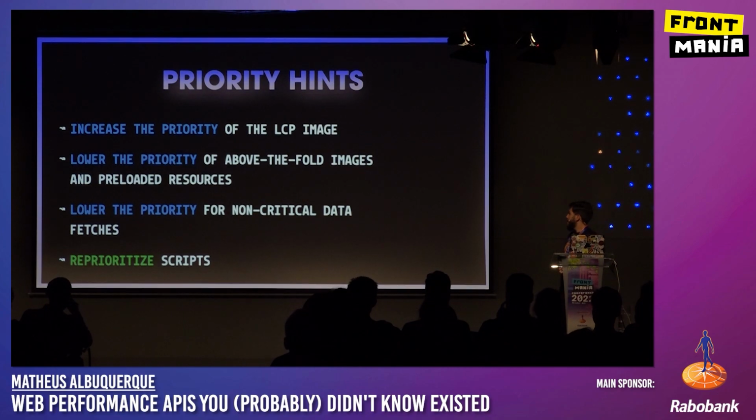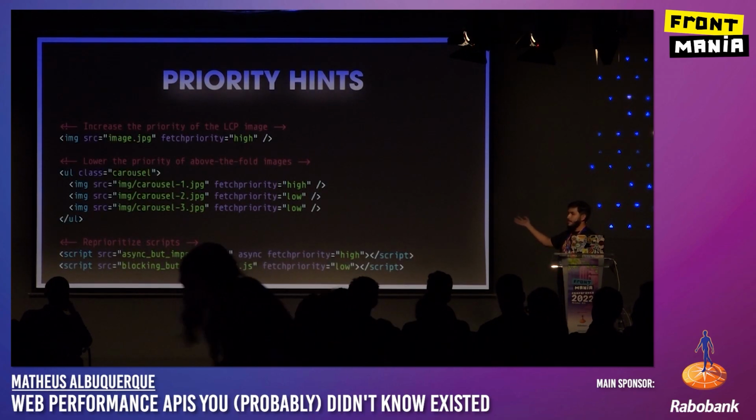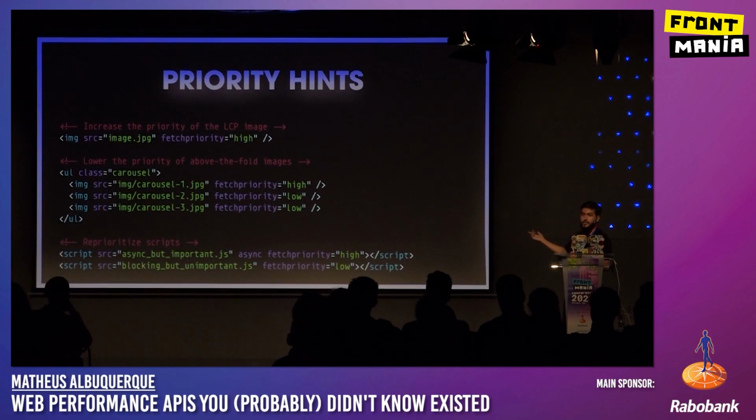And one example of things that we might want to increase is the largest contentful paint image or hero, or some really crucial part of the app that we want to increase the priority for. We can also tag this to the browser. And we do so, again, with HTML attributes, so we have fetchpriority that can be high or low. And we can use that in images or, for example, in scripts.